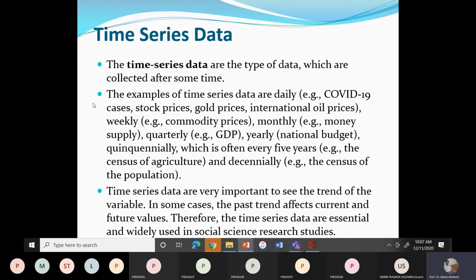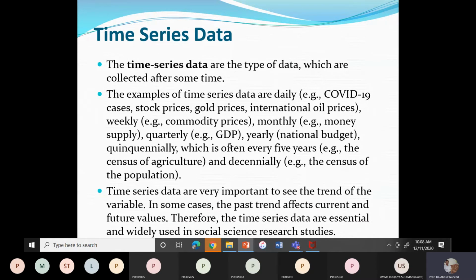You can see that every day it is said that for the last 24 hours, this is the number of new COVID cases. There could also be daily data of COVID deaths, okay, and COVID recoveries. And we also have daily data for stock prices, gold prices, and international oil prices, okay.